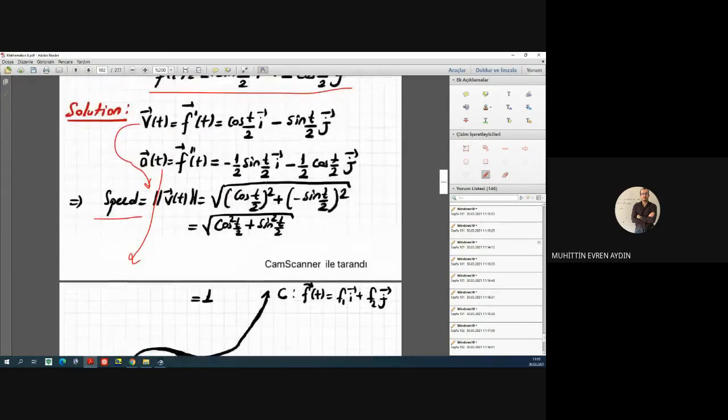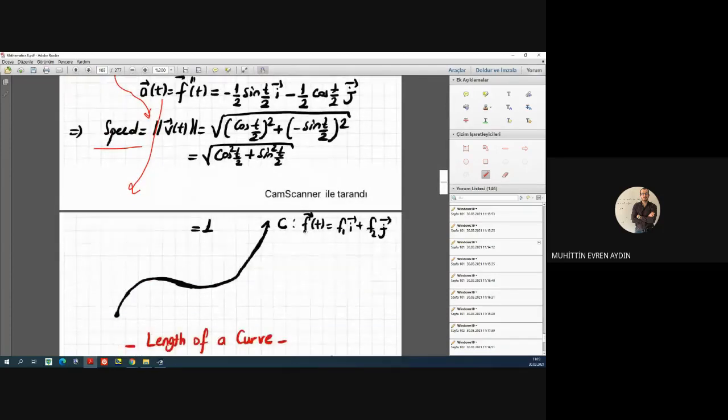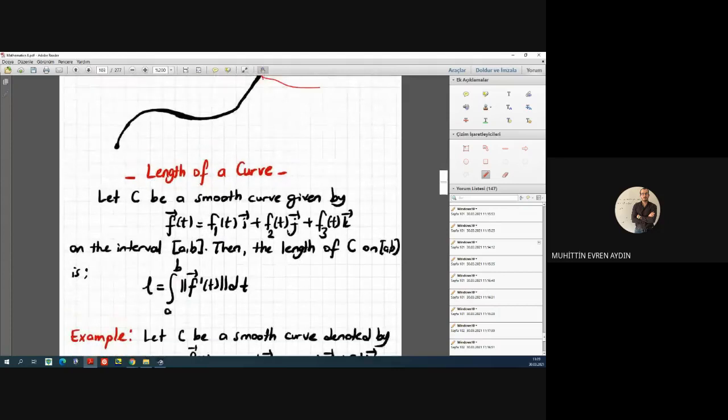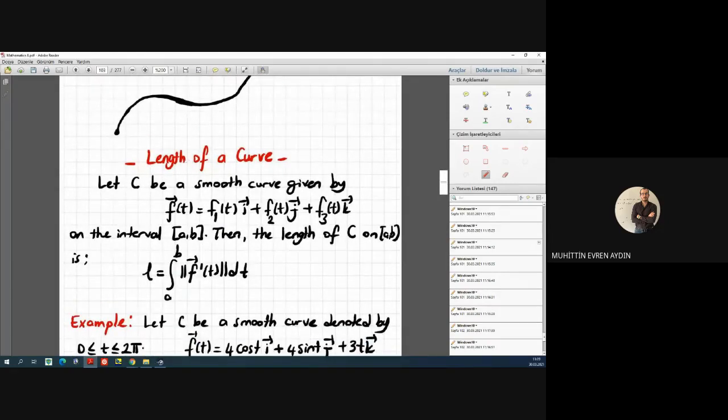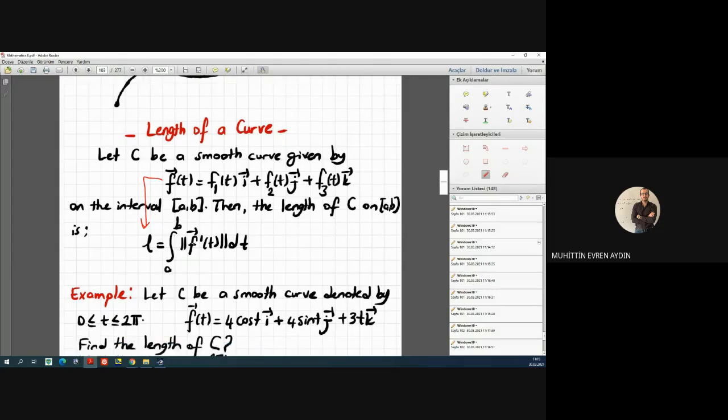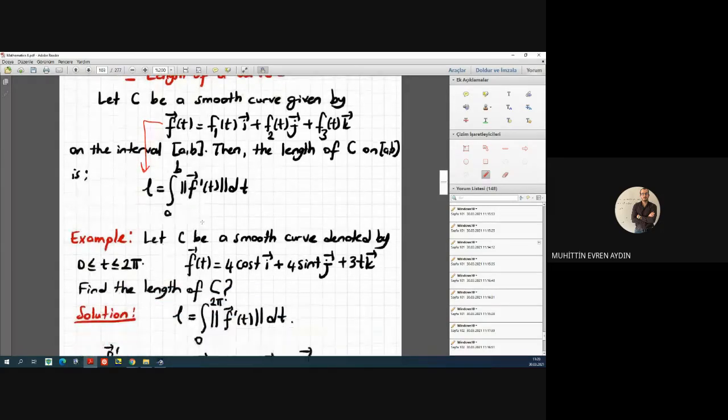By the way, via computer programs, if you plot the vector valued functions, you can see that their graphs are curves. The length of a curve defined by a vector valued function is defined by this definite integral.